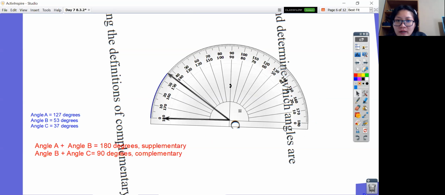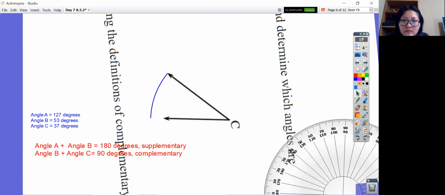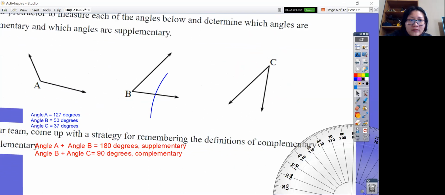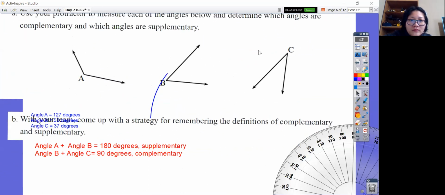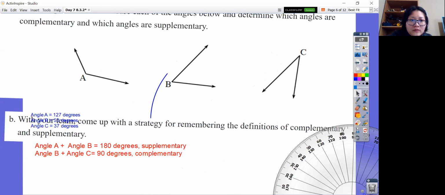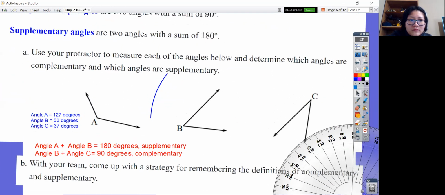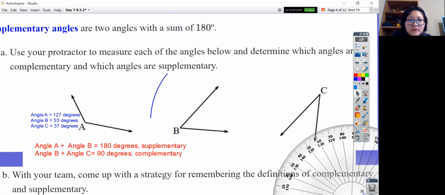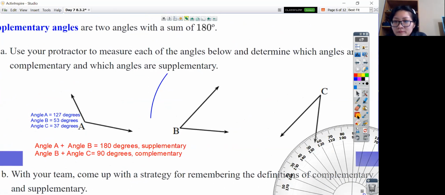I'll remove this one and rotate your question back. Clear this one up.